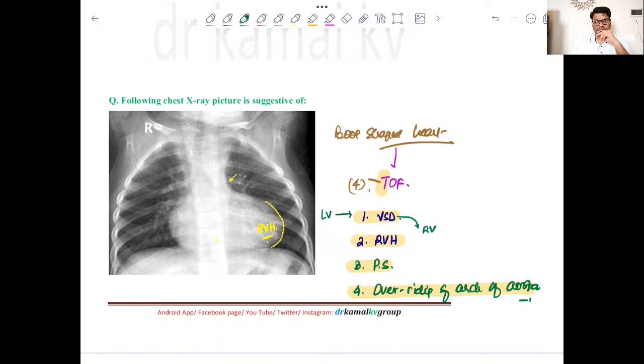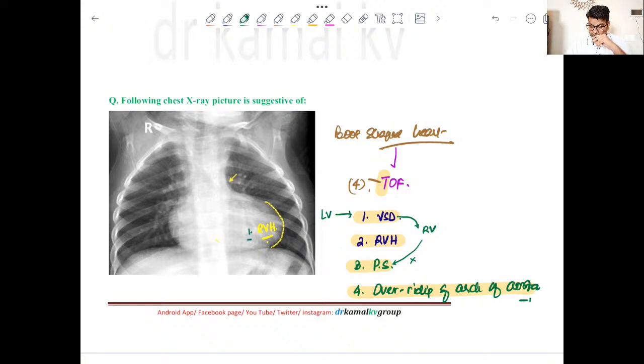This is putting a lot of volume of blood into the right ventricle, and the channel of the outflow of the blood from the right ventricle, that is the pulmonary valve, is also stenosed. So there is a lot of work the right ventricle has to do, and therefore it gets hypertrophied, and this manifests as the boot-shaped heart, right? This is one component for this manifestation.